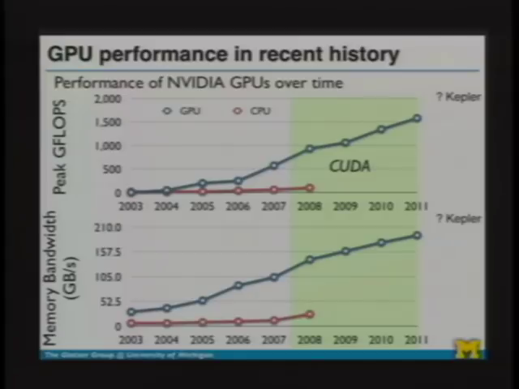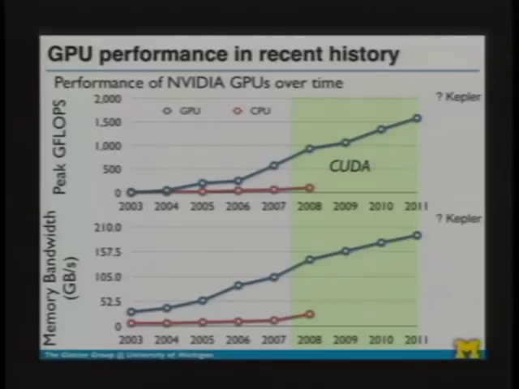But look at these numbers. Right now, we're at over 1,500 gigaflops, or 1.5 teraflops single precision compute capability on one GPU. I'm plotting CPU here too, but I stopped tracking it because it's so hard to figure out what their peak is anymore, and it's so slow that it just doesn't compare.